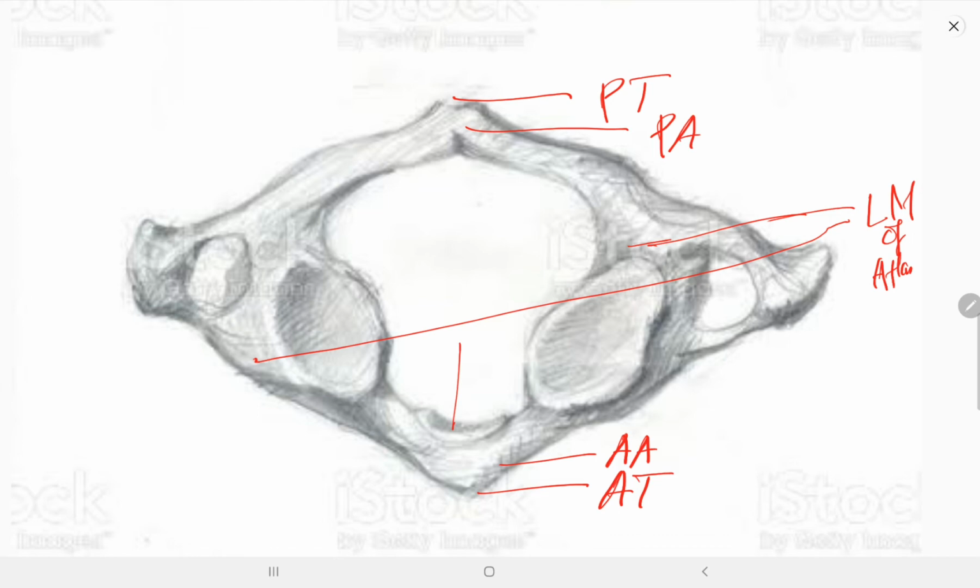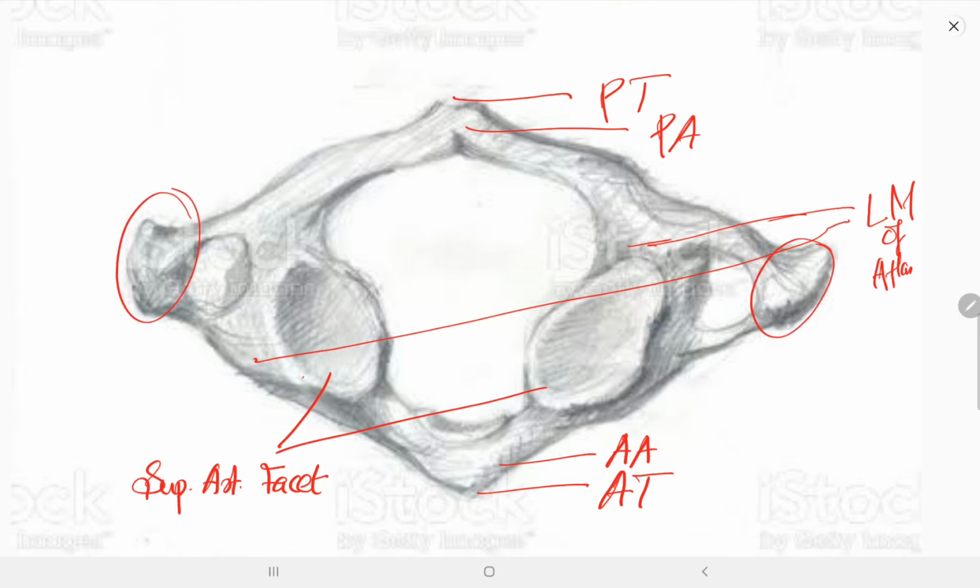Lateral mass. Here you can see on the lateral mass, flat facets, you can see two facets. These facets are known as the superior articular facet. And the left and the right side contain transverse processes with foramen transversarium.